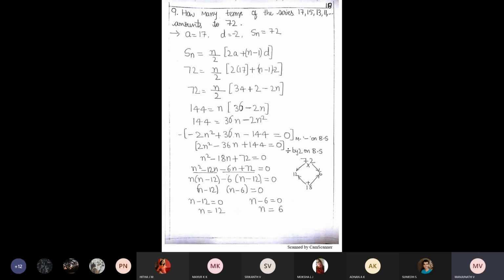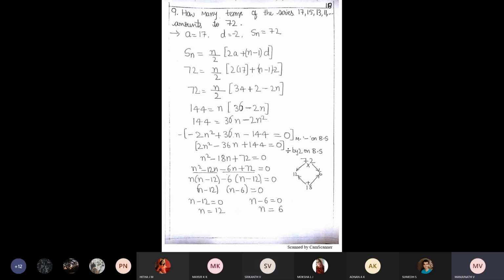Here we get the equation 2n square minus 36n plus 144 is equal to 0, by multiplying both sides by minus. Look at the step. Is it visible to you all?